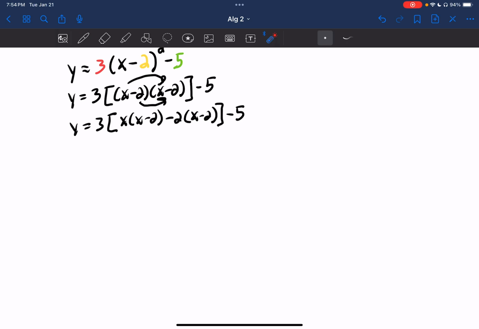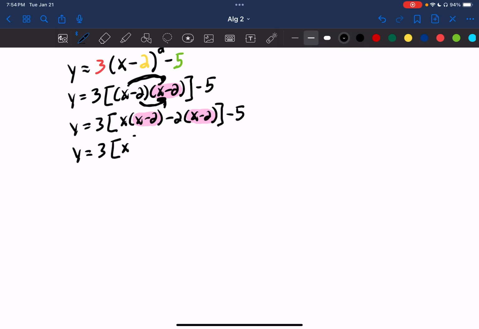So after we've done our first distributing, and actually here I'm going to pause again because this is really important. This term went here and here. We multiplied our x by this whole second term. We multiplied the -2 by the whole second term. That was our first distribution. Now we can go ahead and do the second distribution.